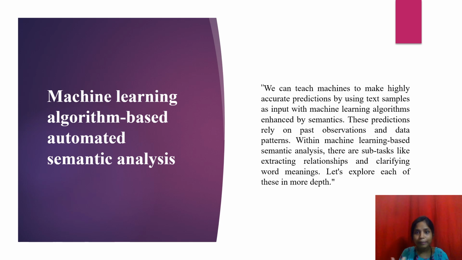Well, we show them text, lots of it. They learn from this text and then they apply that learning to make smart guesses. It's kind of like when you learn from experience. These guesses are not random. They are based on things the machine has seen before, like recognizing familiar patterns in the information.